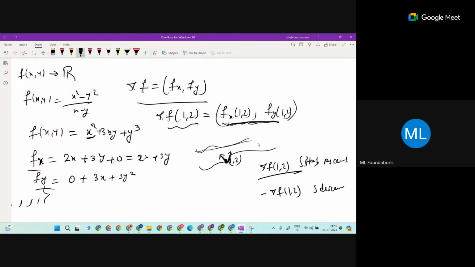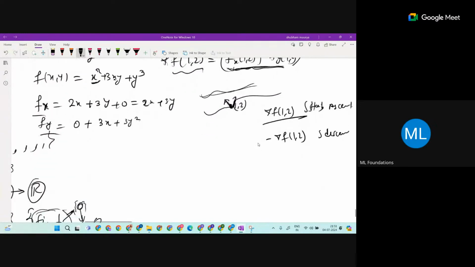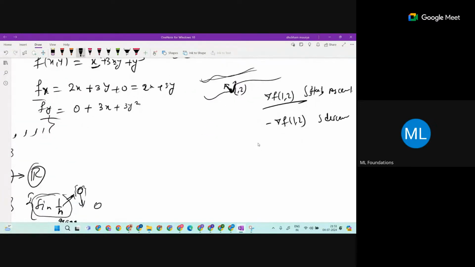Suppose in the one variable case we have a function, and we know it up to here only, then there is a gap, and after that we know the function again. In this gap we don't know it.